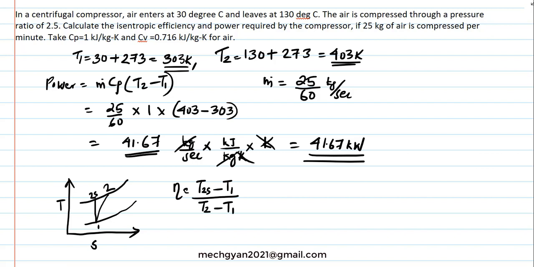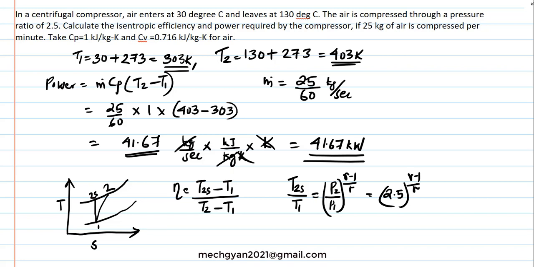T2 and T1 are known, but T2s is not known. But we know that T2s by T1 equal to (P2 by P1) raised to the power (gamma minus 1) by gamma. So pressure ratio is given. Pressure ratio is 2.5 raised to (gamma minus 1) by gamma.